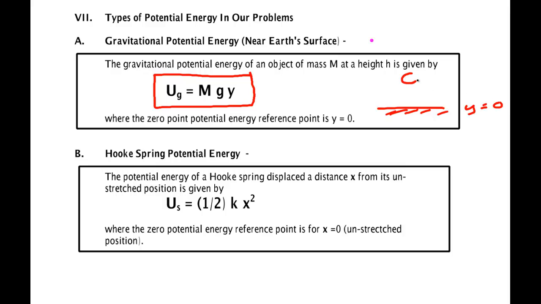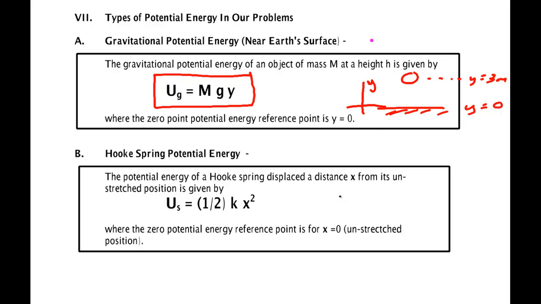Then if you know a ball is sitting up, say, some distance, y equals 3 meters, you simply take the mass of the ball, 9.8 meters per second squared, and 3 meters, and that calculates the potential energy of the ball right here. Now, there is something about this formula. It was developed by calculating work where they assumed that y points away from the Earth. So you don't have any more the choice of how you put your axis.